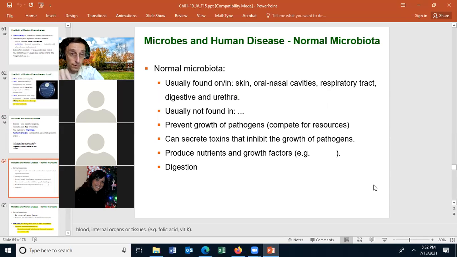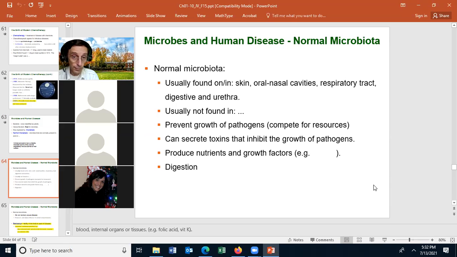Like if my skin is coated with microbes, which it is, and a pathogen were to get on my skin, it may not have any skin surface to colonize as its home. And that's because of the normal microbiota. The normal microbiota can secrete toxins that inhibit the growth of pathogens, and we'll talk a little bit about that later.